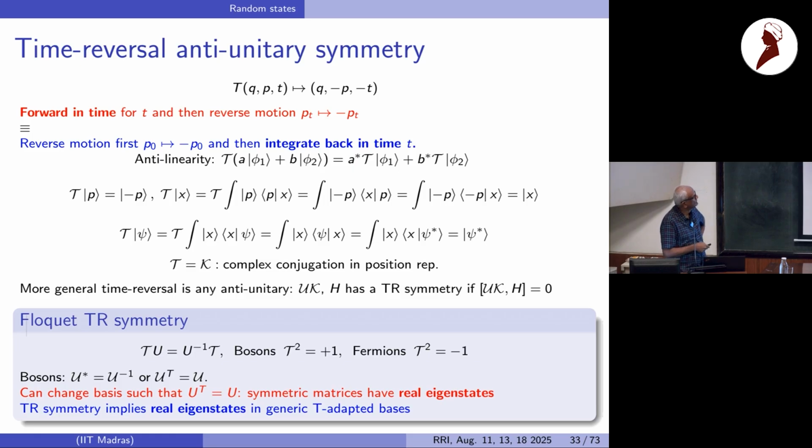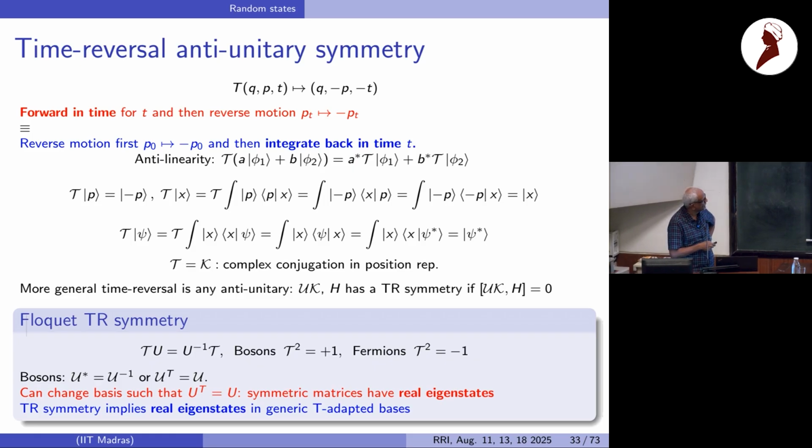Now, one can see quite easily that such an operator which implements this in quantum mechanics cannot be linear, because it has to leave all the position eigenstates unchanged, because Q is going to Q. And if this is a linear operator, then that will imply that this operator is identity, because any operator acting on a complete set, if it fixes every member of that set, is identity.